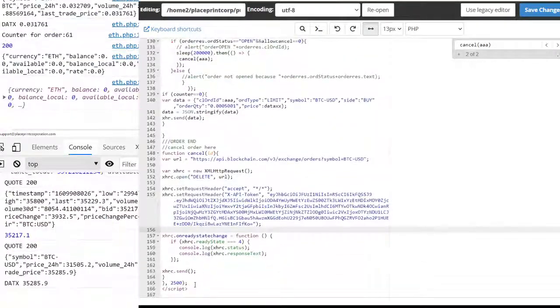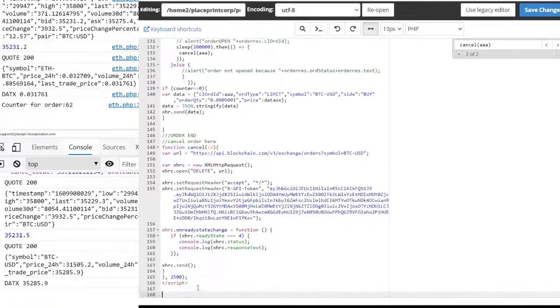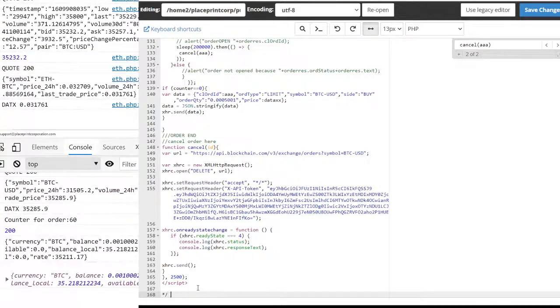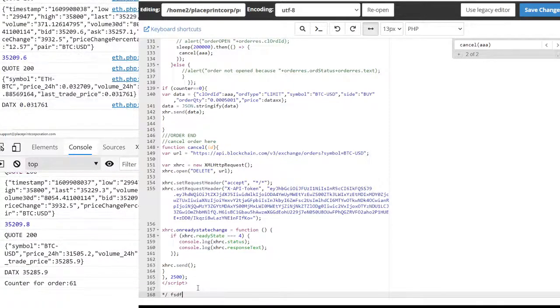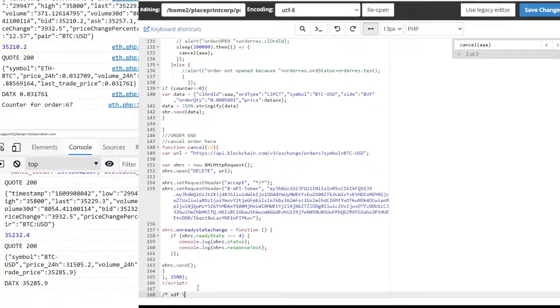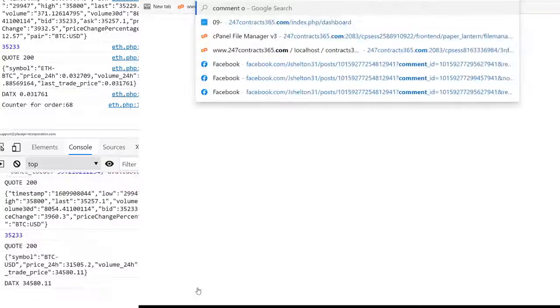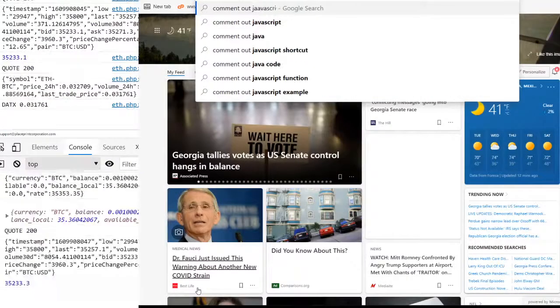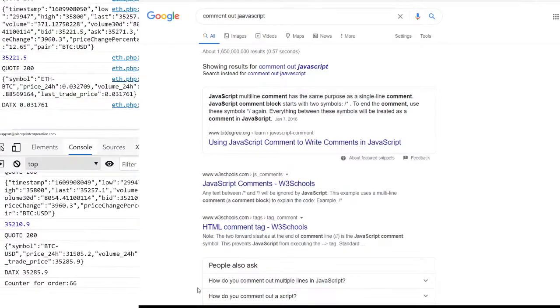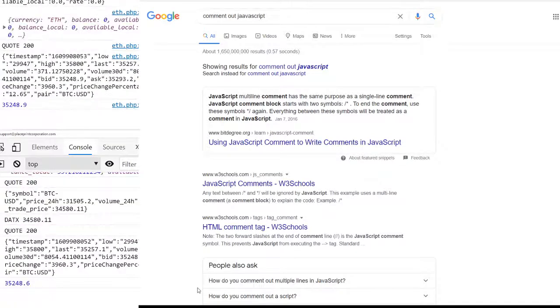Let's do a quick comment out here just so we can take the notes. And then I don't know if this works in, I don't know how to do comment out in JavaScript. So I'm just going to do a quick little coding here. Don't mind it.